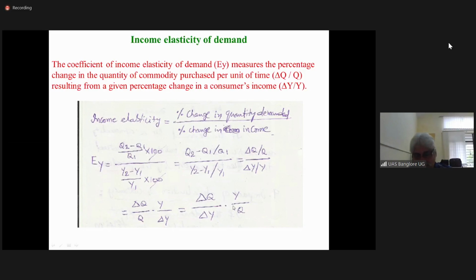In income elasticity, we use change in income and the original income. That is the difference.